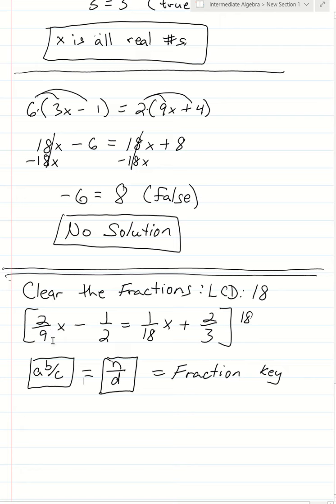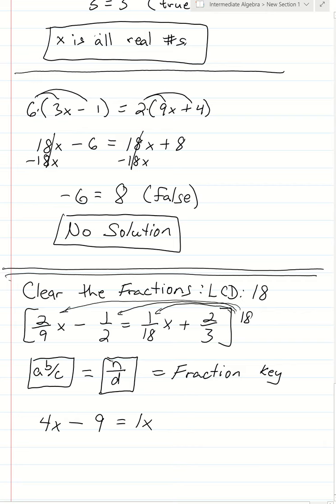So if we were to multiply the 18 with the 2/9, 2/9 times 18 would leave us with a 4x minus. Next we have to multiply the 18 with the 1/2, and half of 18 would give us the number 9, equals. Now we have to multiply the 18 with the 1 over 18, and that of course would give us 1x.